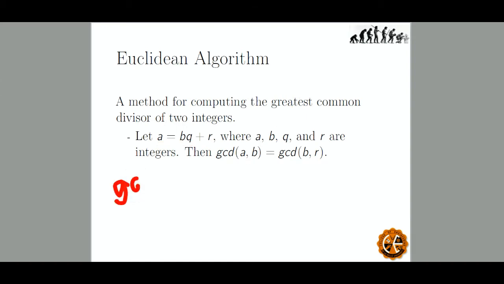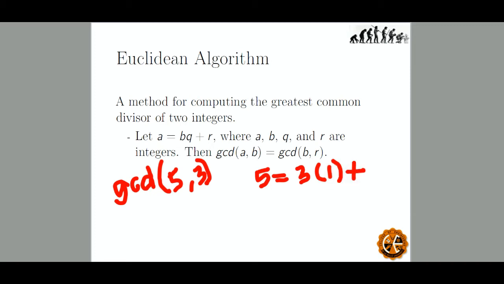GCD of 5 and 3. So the first application of division will be 5, the dividend, and its divisor will be 3. The quotient will be simply 1, and the remainder 2, which gives you 5.